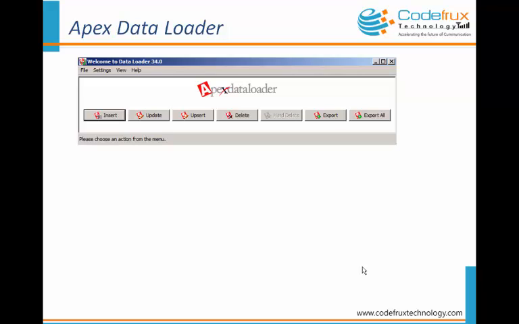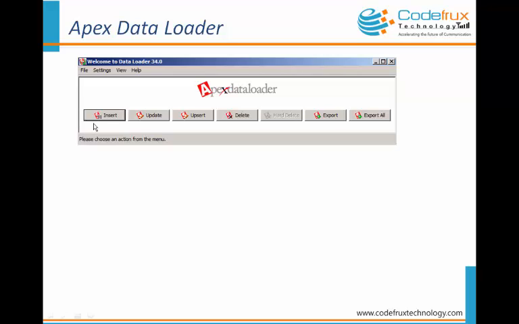When you click on the shortcut which has been created on your desktop for the data loader, you will be shown the first screen, where you will see all the buttons. Here insert is the button which is used for importing the data records.